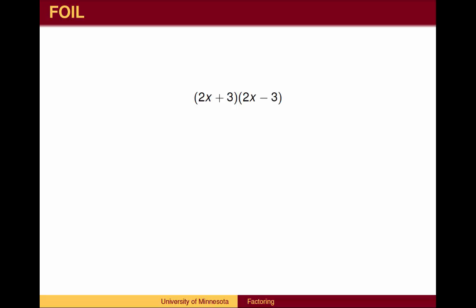It occurs when you have two binomials that are identical, except in one the two terms are added, and in the other the two terms are subtracted. When we multiply the firsts, we are multiplying 2x by itself to get a perfect square. The outside terms and the inside terms are identical, except one is positive and one is negative, so they will cancel out.